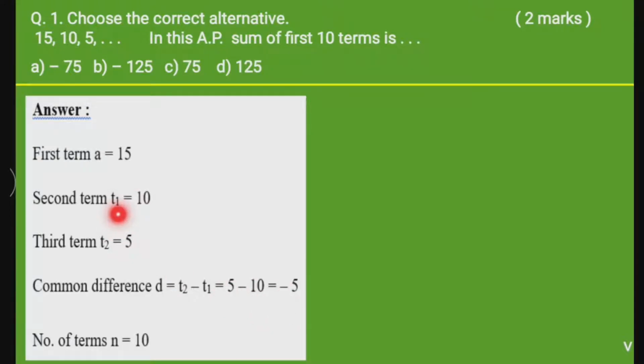So here is one print mistake. Instead of t1 t2, here is t2 and t3. So here we have to use common difference as d equals t3 minus t2. So if you use t2 minus t1, then you have to take 10 minus 15, you get again minus 5. So number of terms n equals 10.